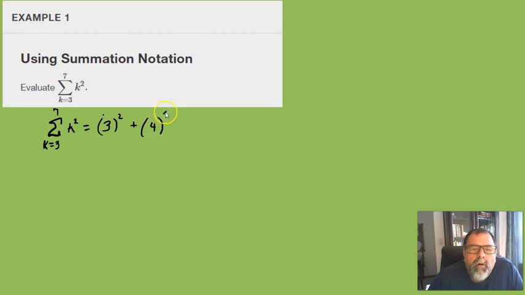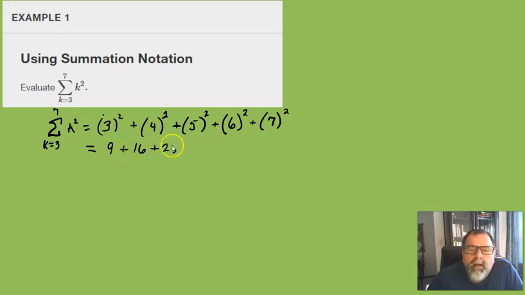So you go to 4 squared, 5 squared, and we keep indexing it. So just keep adding 1, so that'd be 6 squared, and then we stop at the top one, which is 7. And then we work out each term, so that'll be 9 plus 16 plus 25 plus 36 plus 49.